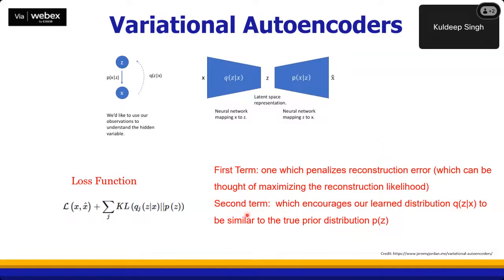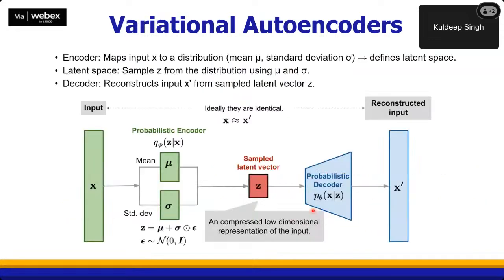And the second one is your KL divergence term, which encourages our learned distribution, this encoder distribution Q(z given x), to be similar to the true prior distribution P(z). So this is again the summary.